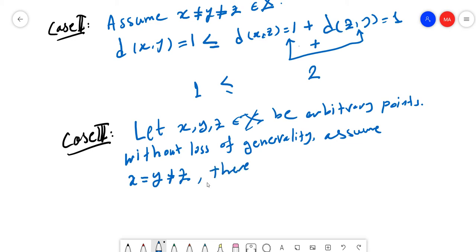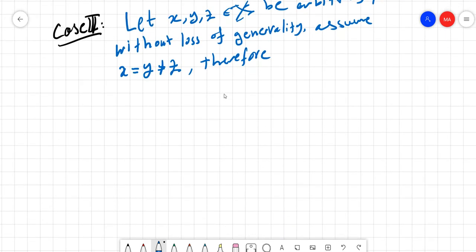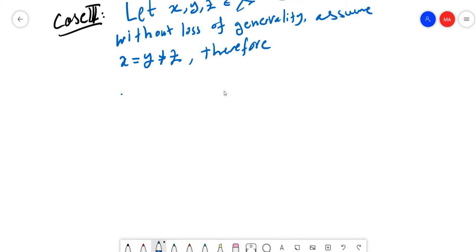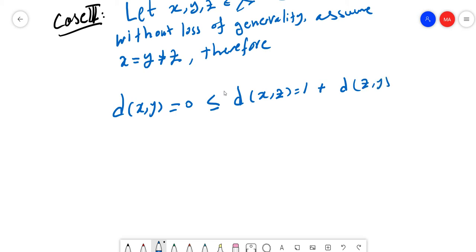Therefore, the distance between x and y is clearly 0, which is less than or equal to the distance between x and z, which is 1, plus the distance between z and y, which is also 1. And this is 2, which is of course greater than 0.